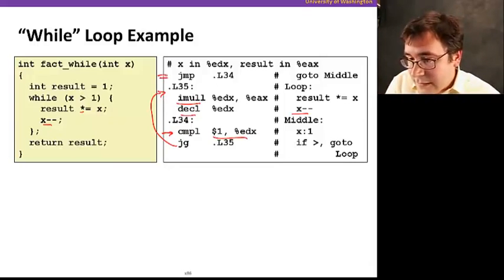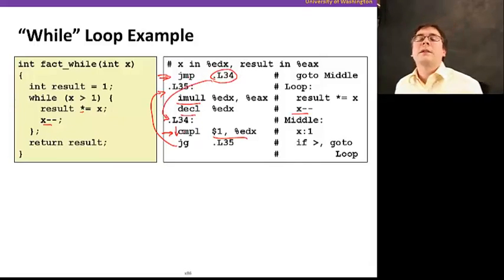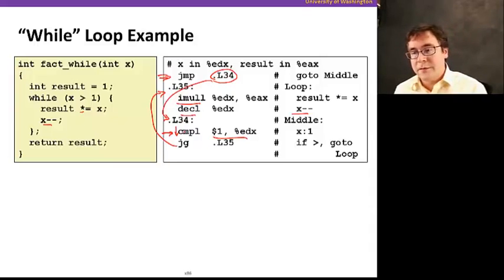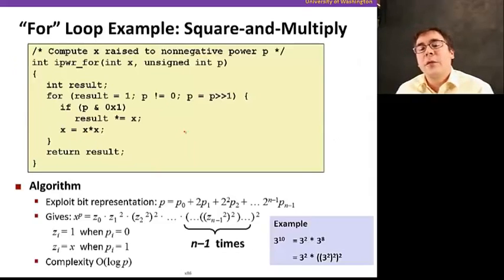The main difference here is that now we have a jump to where the condition check is. Right, so that's how we implement while loops, just jumping over the body of the loop compared to do while.